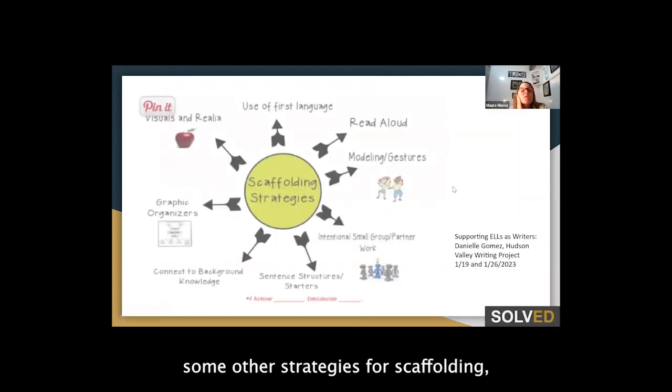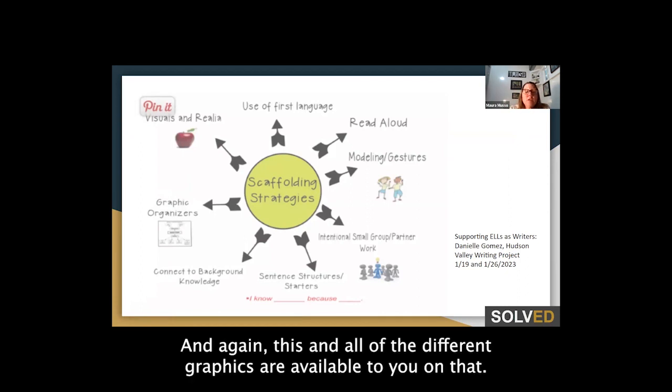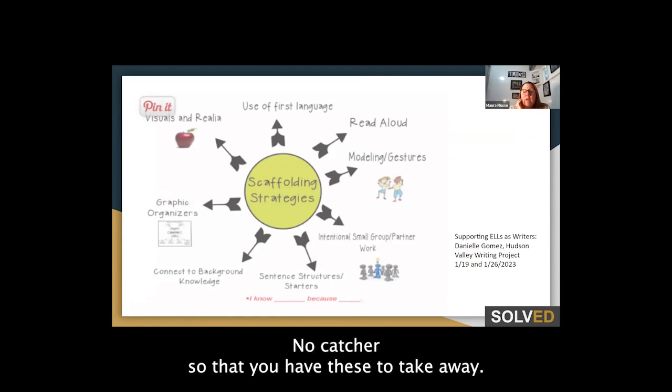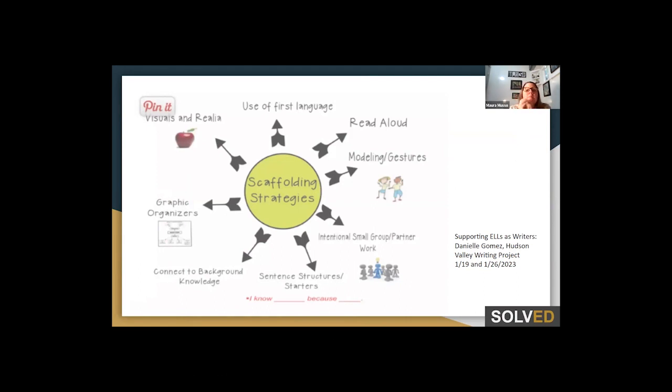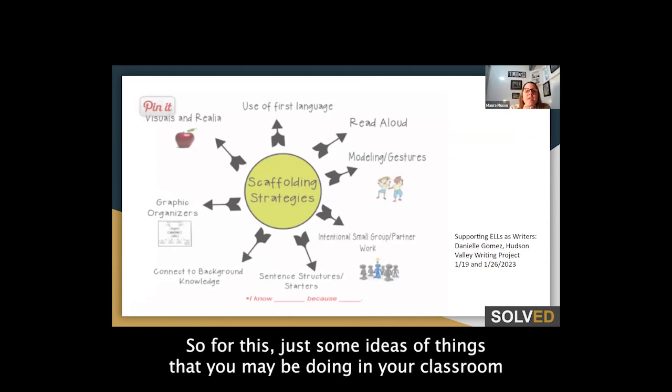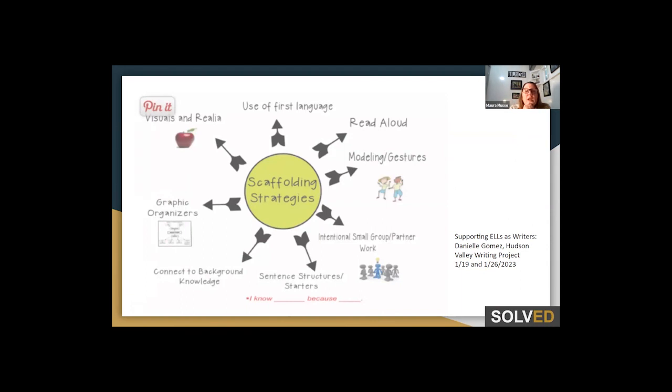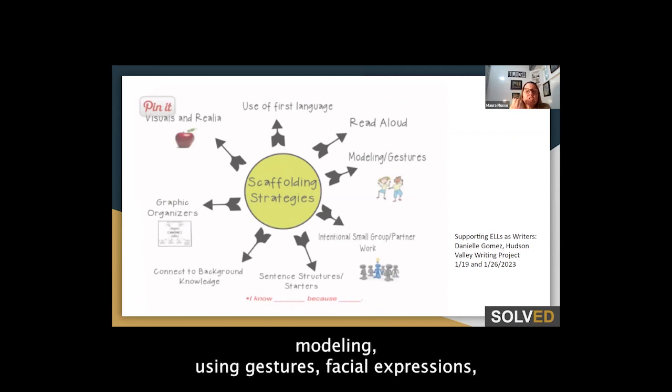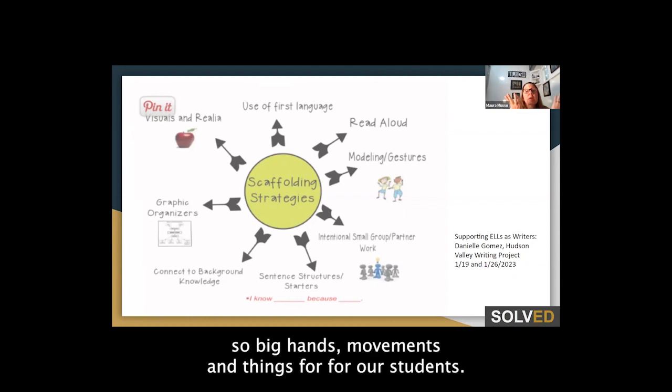Some other strategies for scaffolding our language for our ELLs and our MLs can be seen in this graphic here. Again, all of the different graphics are available to you on that note catcher, so that you have these to take away. These are some ideas of things that you may be doing in your classroom: reading aloud, modeling using gestures and facial expressions, big hand movements for our students.